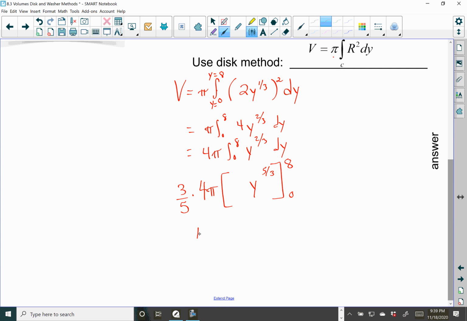So now I'm looking at 12 pi over 5, 8 going in, 8, it'll be a cube root, won't it? And then I need to take it to the 5th. I'm going to put the 5th on the outside of that, minus cube root of 0 to the 5th, obviously 0.